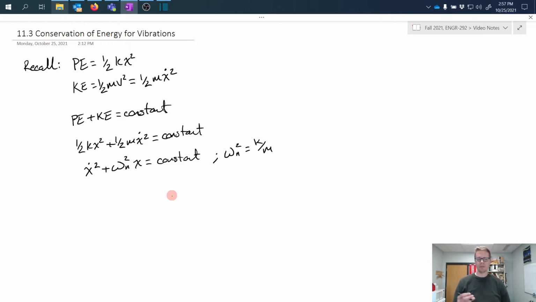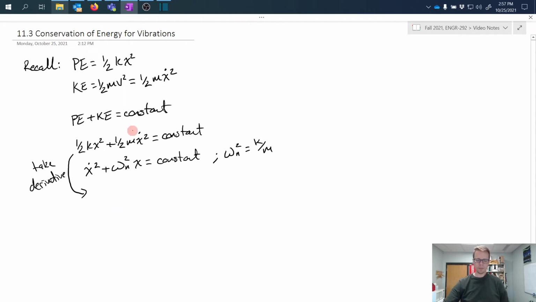So what this means is that if I can take the derivative of this equation and get a new expression, that will give me some relationship that allows me to pull out my natural frequency from my standard form equation.